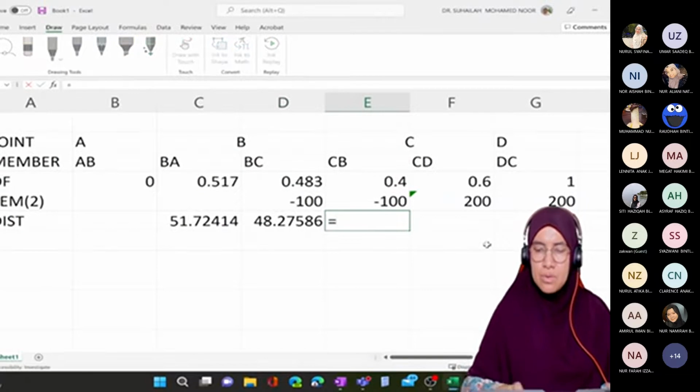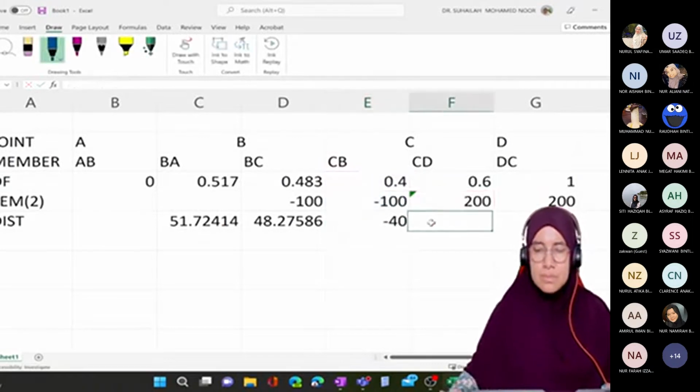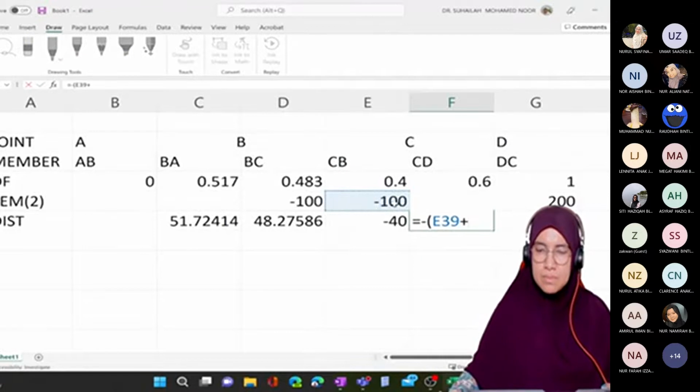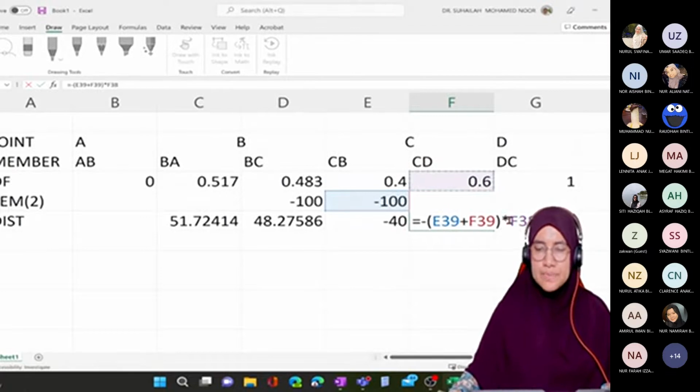Okay, continue, negative 100 plus 200 times factor 0.4, times factor 0.6.